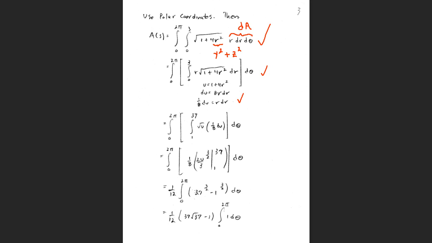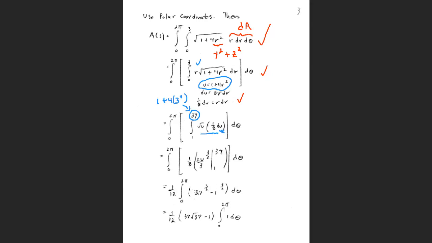Now, at this point for the inner integral, based on your substitution that u equals 1 plus 4r squared, you get this new integral with respect to u. So where does the 37 come from? Well, that would be 1 plus 4 times 3 squared, because the top r limit is 3.